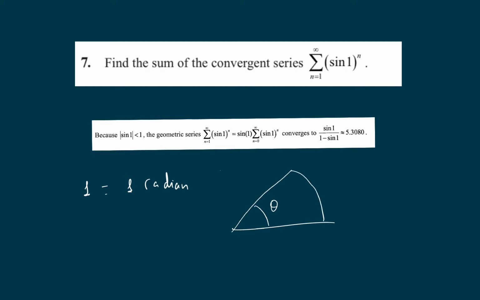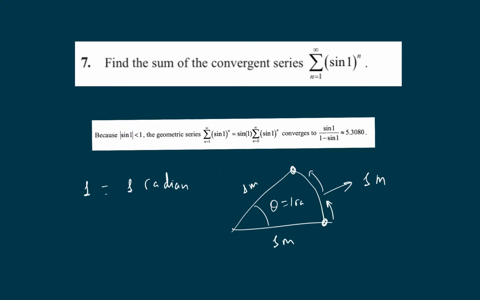1 radian is the angle theta that, when you walk along a circumference of radius 1 meter, the arc length is 1 meter. So 1 radian is when you walk 1 meter along a circumference of radius 1 meter.